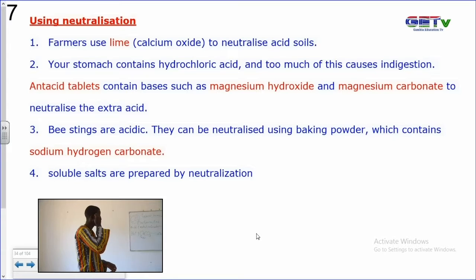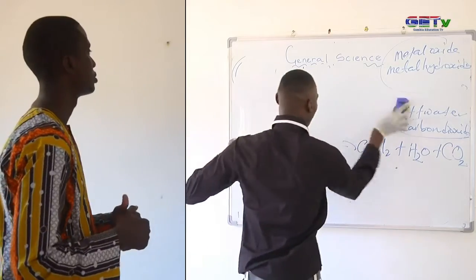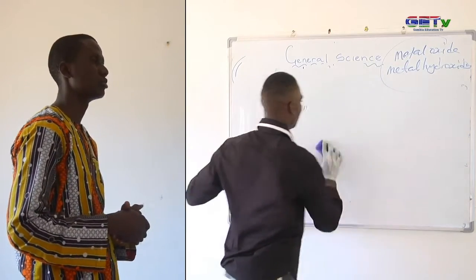So applying the base lime on the soil, which is acidic, will neutralize the acid in the soil, and the soil will not be acidic. Now it can be suitable for growing crops and plants. So one can say that neutralization is used in treating acidic soils. That's number one importance of neutralization.